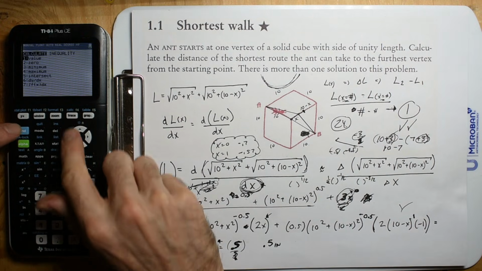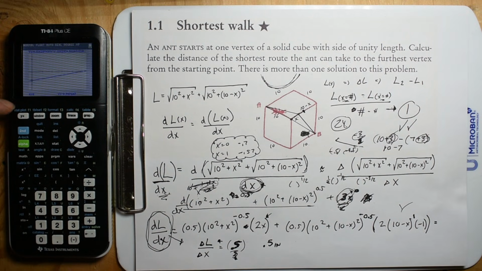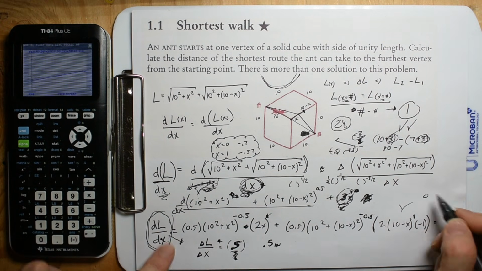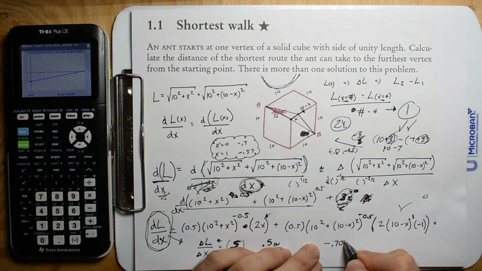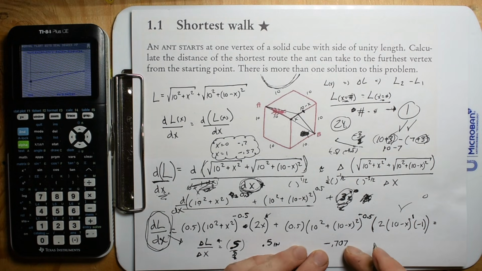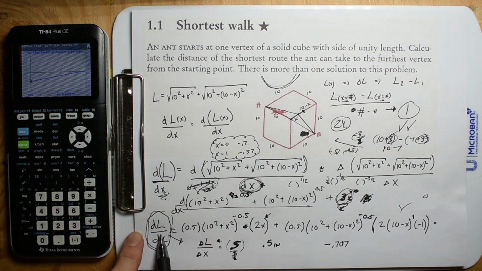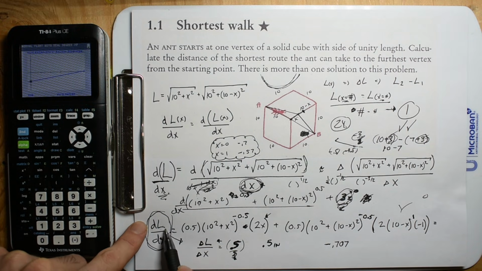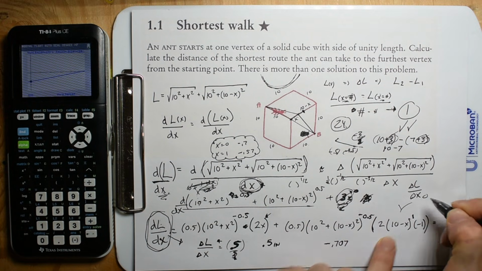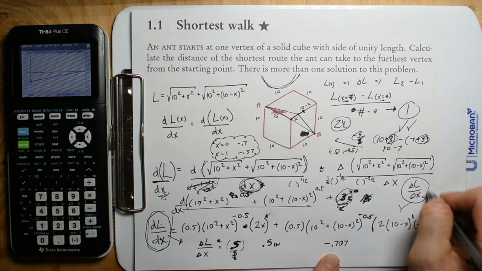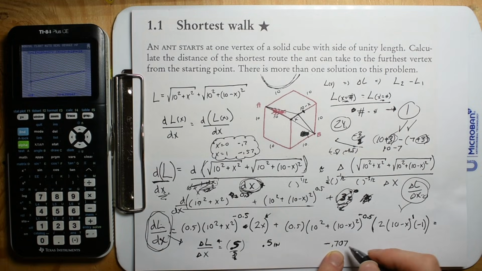But now we're going to go for these values. So we're going to throw in a value. When we throw in x is 0 into this equation, we get negative 0.707. So let's analyze this. This says, the units on this, if this is the derivative of the length with respect to x, again, write it like change in length over change in x, because that is going to be the units on here.